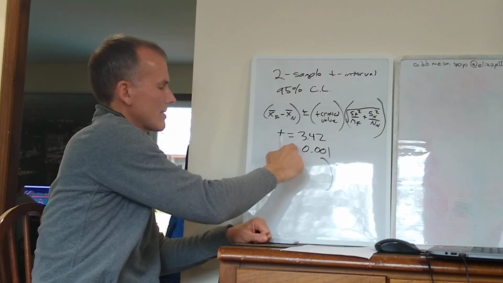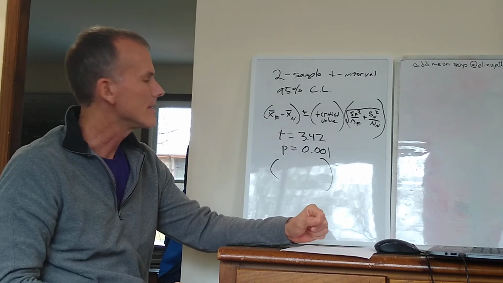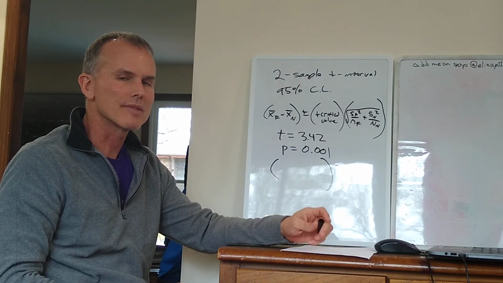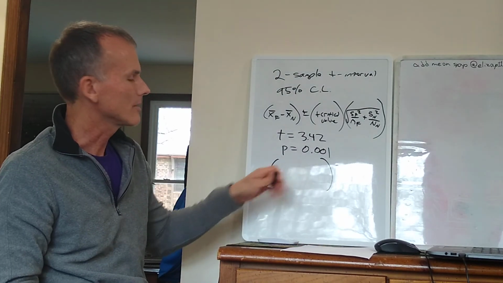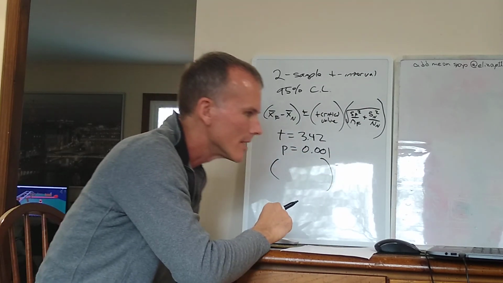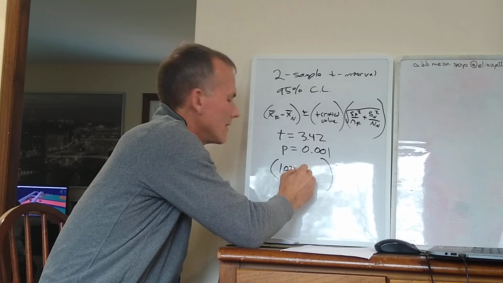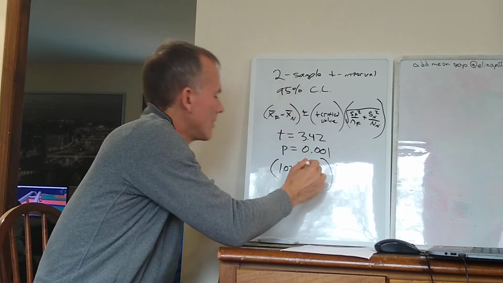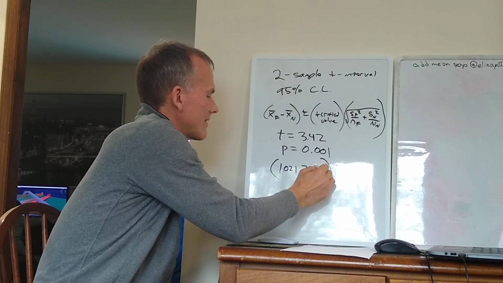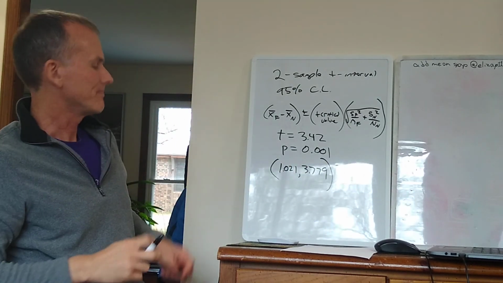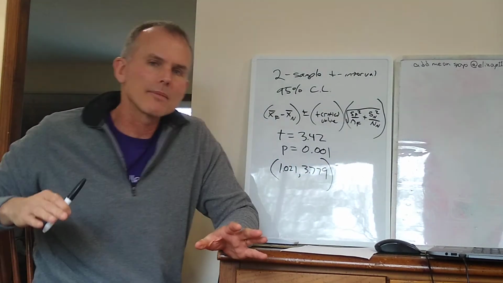I actually don't have to write down the p value here. I would have to if I was doing a 2-sample t test, but I don't necessarily have to. I wrote it down because it was on here. And then the confidence interval has boundaries 1.021 and 3.779.